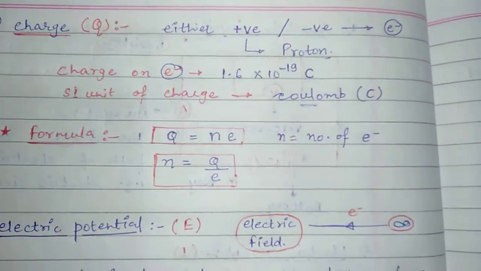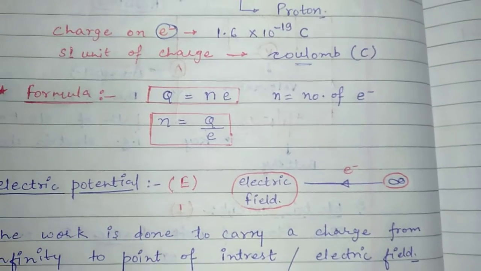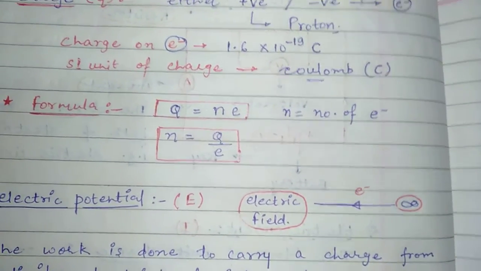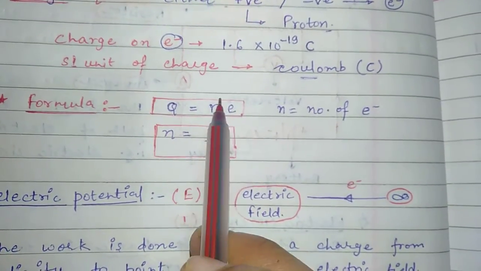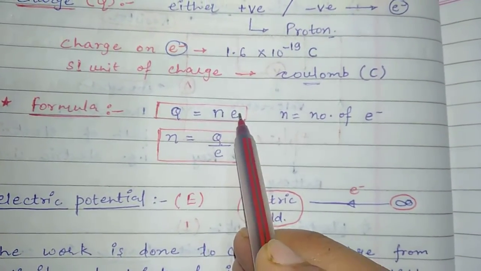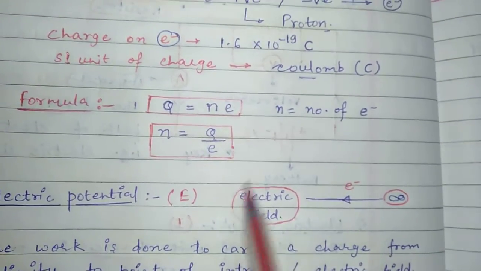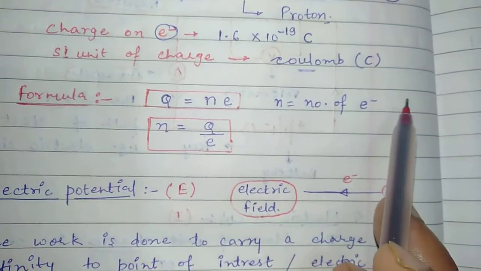Then here is the formula to calculate the number of electrons in a particular charge. Q is equal to n e, where e has the particular value that I have already told you, and n is the number of electrons.